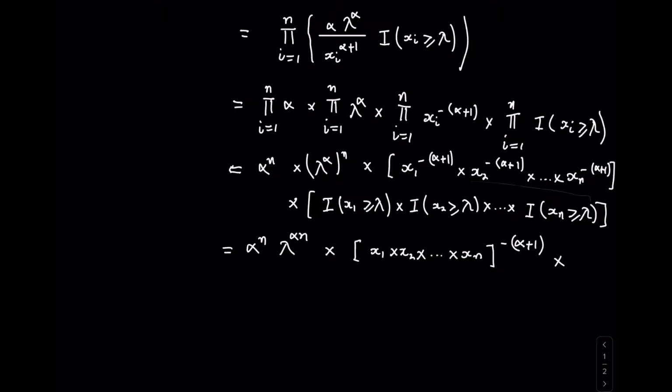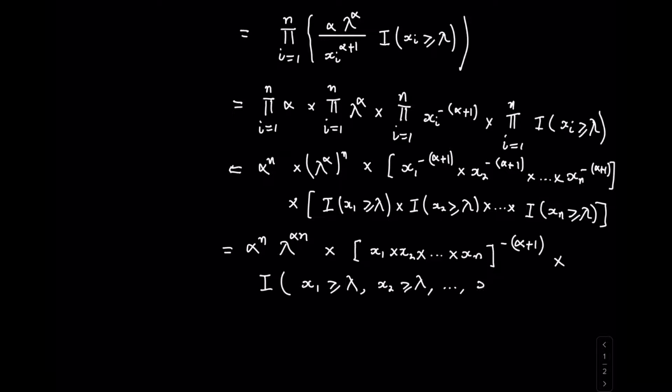So this particular product can actually only take two values: either 1 when all of them are equal to 1, or 0 if any of them are equal to 0. And so we can rewrite the product of indicator functions as one indicator function, where the condition is that x1 is greater than lambda, x2 is greater than lambda.